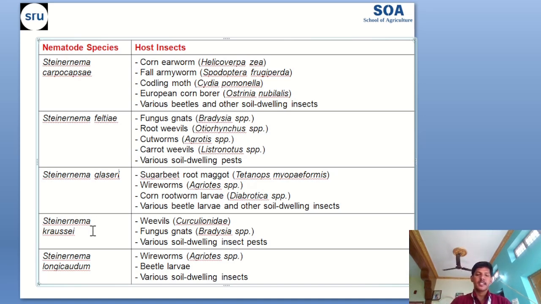Next species is Steinernema crassicauda. It is effective against weevils, fungus gnat, and various soil-dwelling insect pests. Next species is Steinernema longicaudum, which is effective against wireworm, beetle larvae, and various soil-dwelling insects.